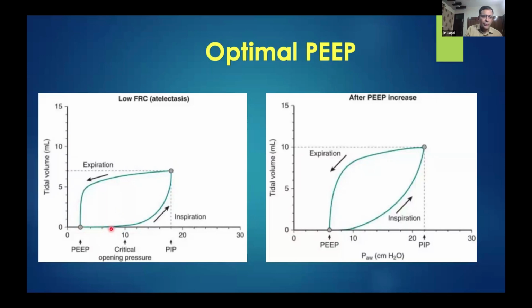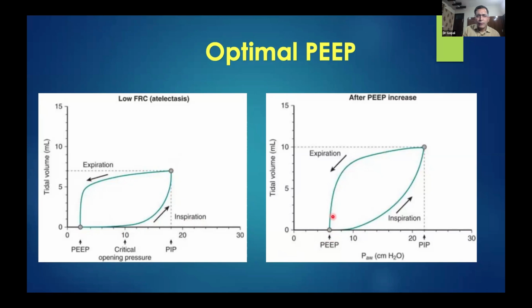You increase the pressure from this point to this. If you start your ventilation probably around this point, you will get better compliance. You will get more tidal volume for the same pressure. Similarly, the loop will come down. Suppose I change my PEEP from 2 to 5, 6 here. You can see the change in tidal volume.